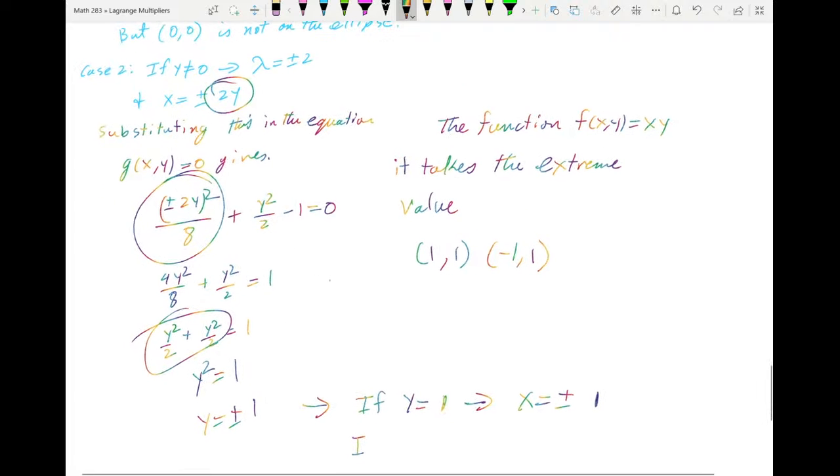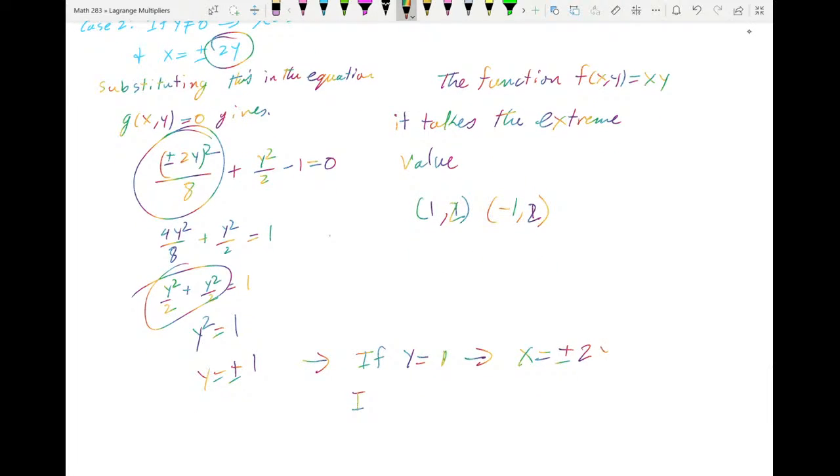Oh, where is it? Y? Oh, sorry. Is that what you guys are talking about? Oh, 2y. Yeah, 2y. Now, if y equals -1, this is going to be interesting. x equals is going to be -2 and +2.